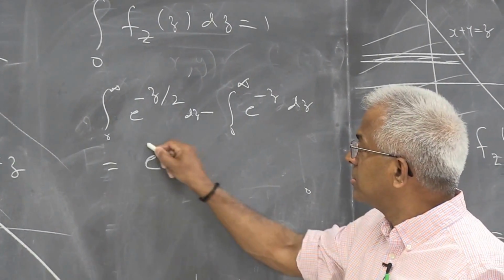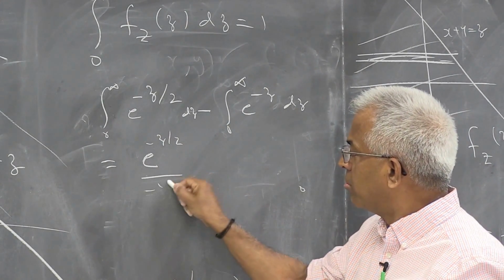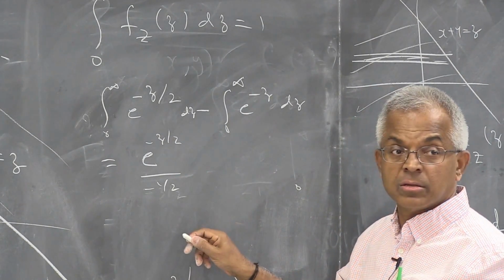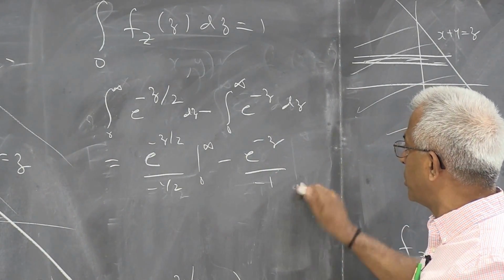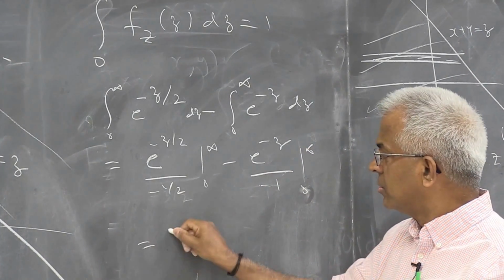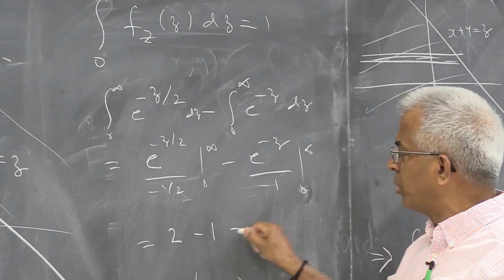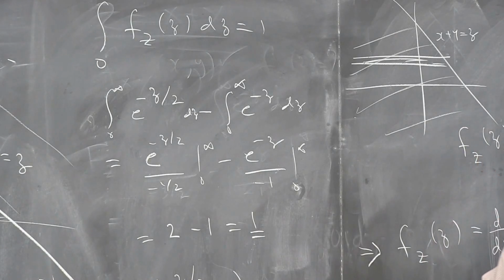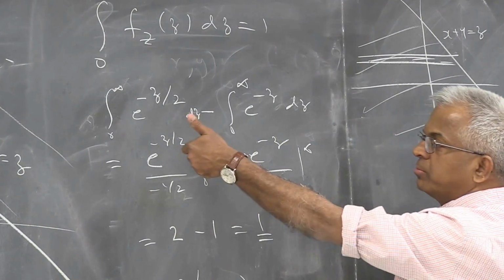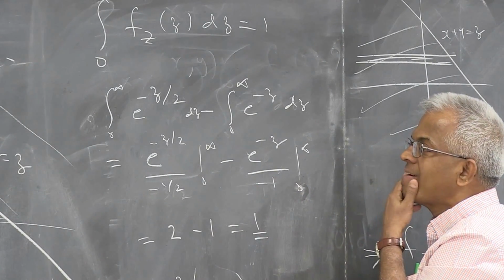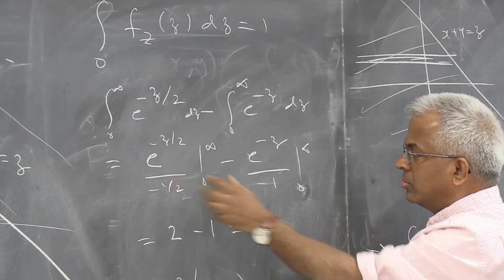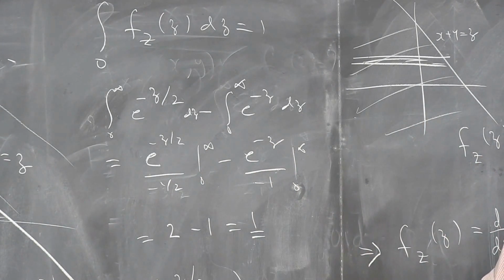So this is minus half, 0 to infinity, minus e raised to minus z, minus 1, 0 to infinity. So this is 2 minus 1, which is 1. The top limit is 0, the bottom limit is 1. So that's 1, that's 2, this is 1. So this is a density function and this is the right one.